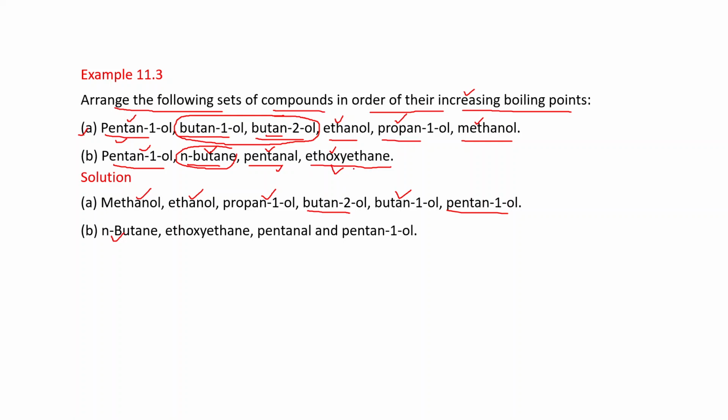Ether and aldehyde are both polar, but aldehydes are more polar. More polar means higher boiling point. That's why pentanal has a higher boiling point than ethoxyethane. So the order is ethoxyethane, then pentanal, and then pentan-1-ol, alcohol. Due to the presence of hydrogen bonding, its boiling point is highest.